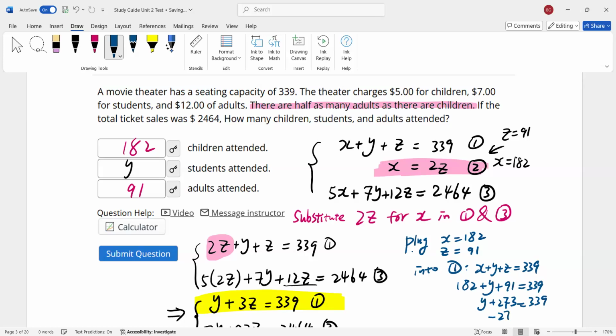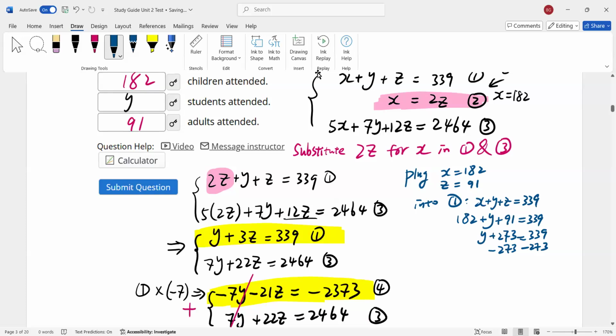And then we minus 273 from each side. I'm doing that on the bottom right corner. And they cancel, we have y equals 66 people. Y is 66.